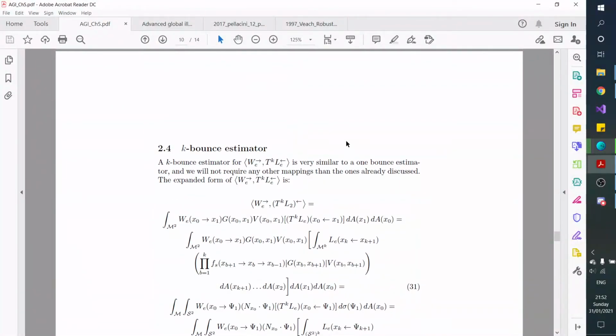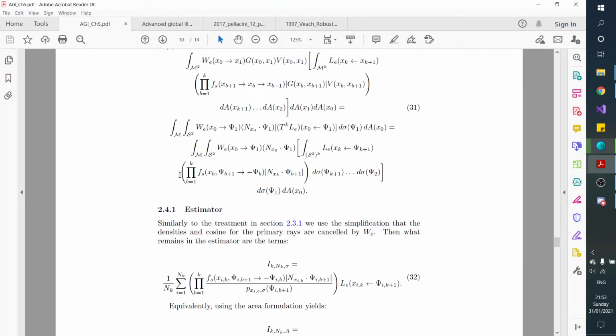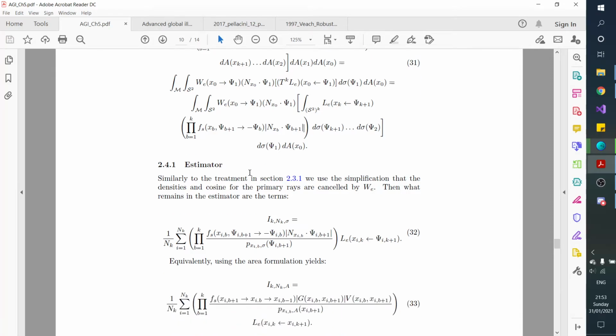No questions? Then let's go to the k-bounce estimator. It looks pretty nasty, but honestly it's just the one bounce estimator applied k times. If you had only that in the one bounce estimator, here you just have a product of it over k segments along the path.